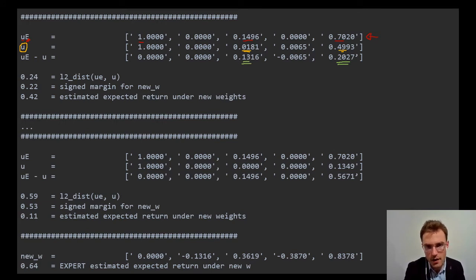So from them, and having said what the max margin idea was, what you want to do is have a big reward for this feature, acceleration, because you want the expert to be better evaluated.